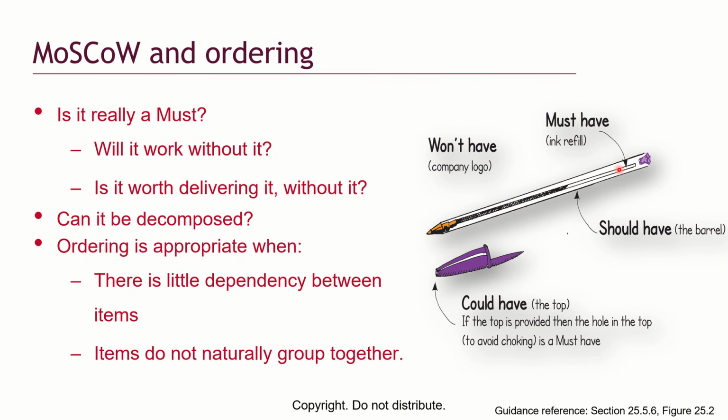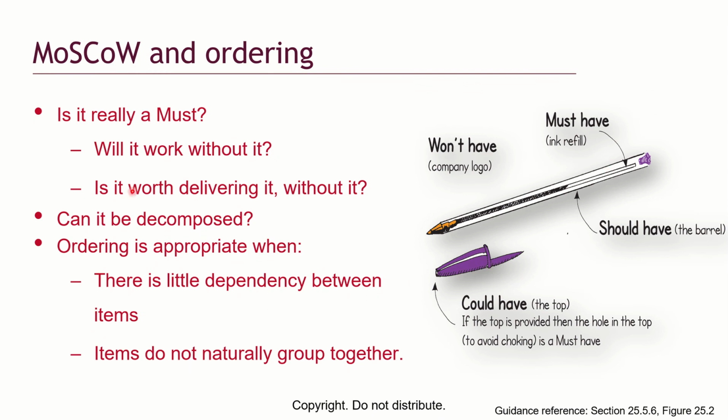If there is no ink in the pen and the pen looks very fine, do you think it is a gold pen, but the pen does not have ink? Of what value is the gold, so to say, for the purpose of writing? It does not have a value. So ink refill is a must have in the case of this.